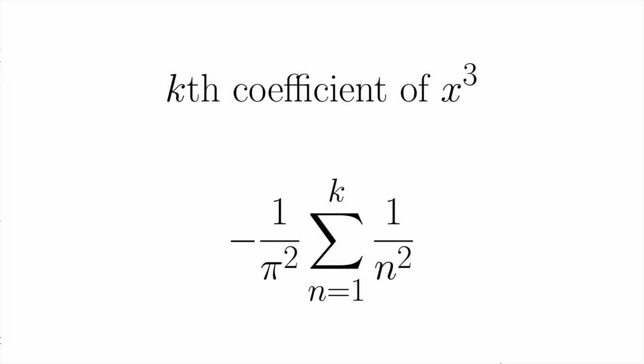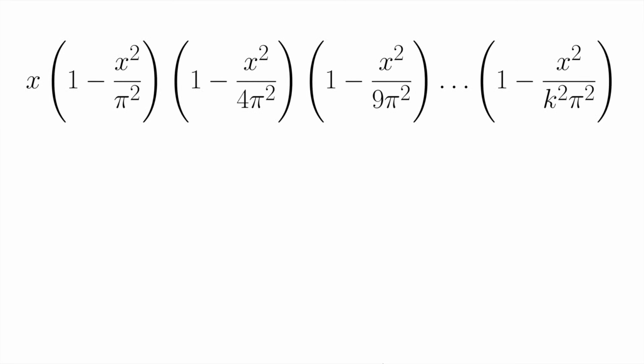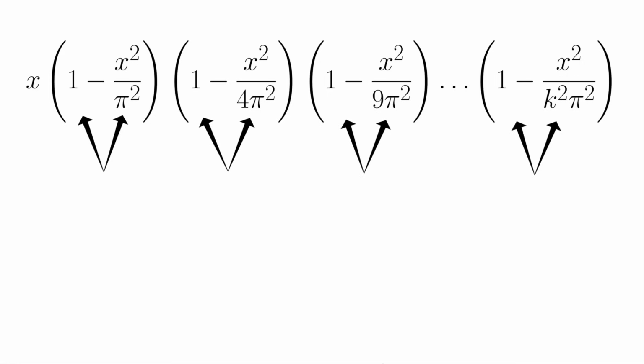Why is this happening? Well, to see why exactly, I want to write out just what the kth partial product is, and I want to think about how I would go about getting an x cubed term out of this. Really, when I FOIL out this whole big mess, what that really amounts to doing is choosing for each of these binomials which of the two terms I want to include in my product.